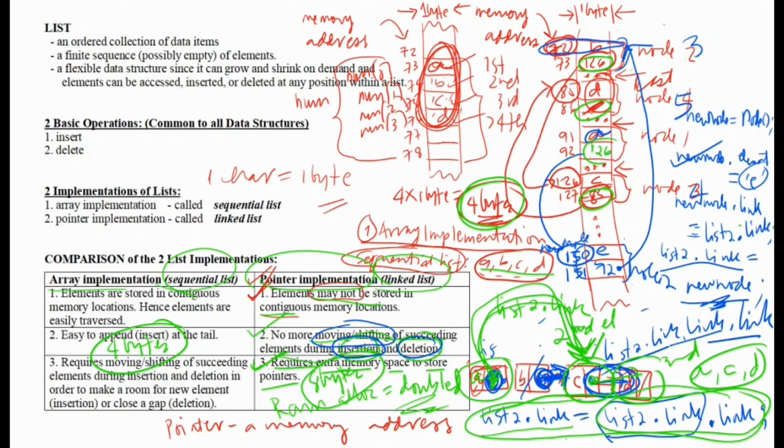So from A, go to 126, that is C, and then go to 85, that is D, and then null. So we now have only A as the first element, C as the second element, and D as the third element. And in that way we have deleted element B from the list.